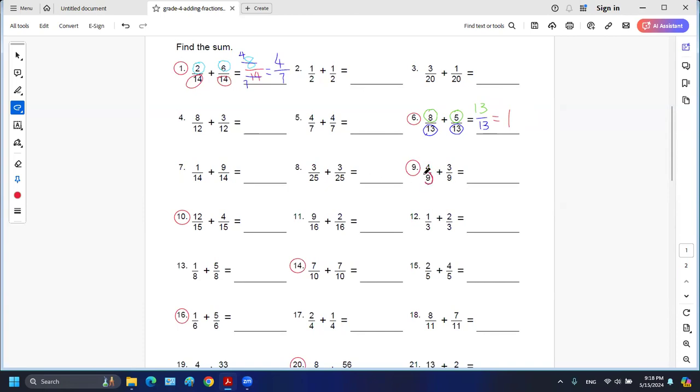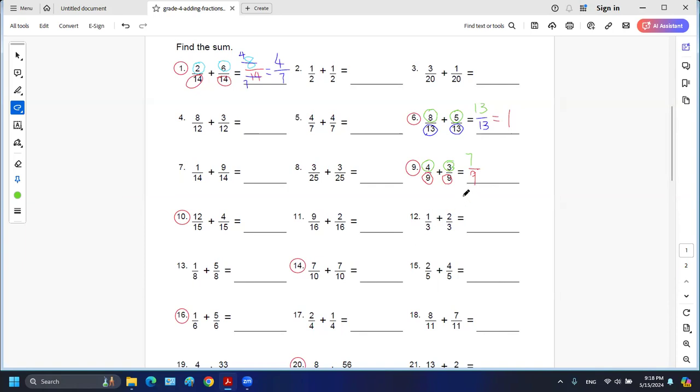Question number 9. 9 and 9 is 9. 4 plus 3 is 7.